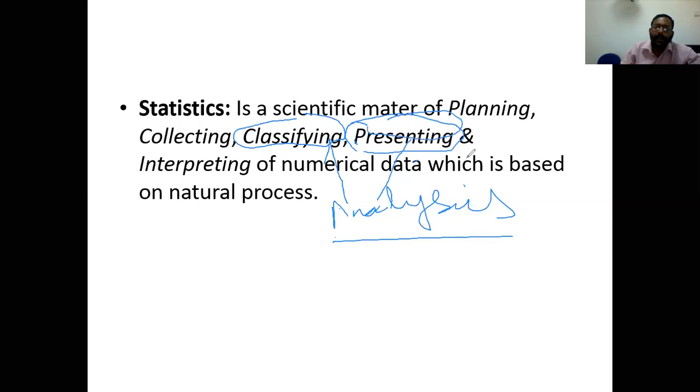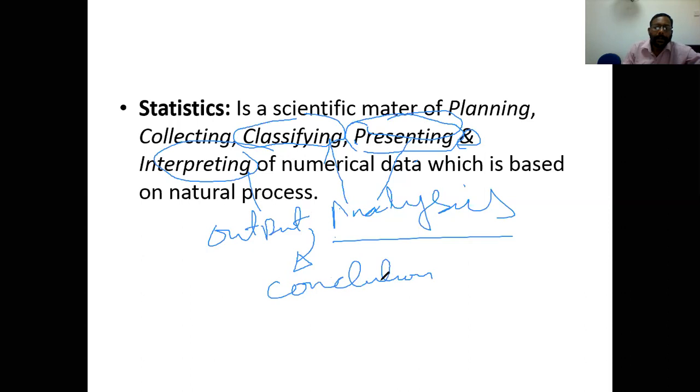We present the data and interpret the output. Then from that, we make the conclusion. C-O-N-C-L-U-S-I-O-N, conclusion. So based on that, we make the conclusion.